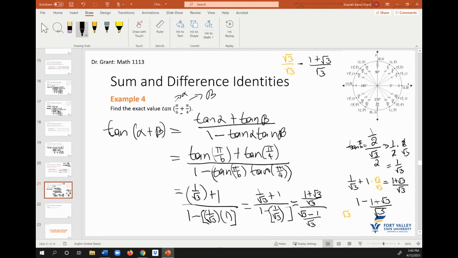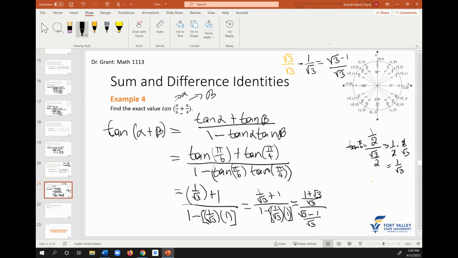Oops, gotta be careful. So this is times 1. So this is just 1 minus 1 over root 3. There we go. And so that's how we will get root 3 minus 1 over root 3. There we go. Okay, so just some simple simplification.